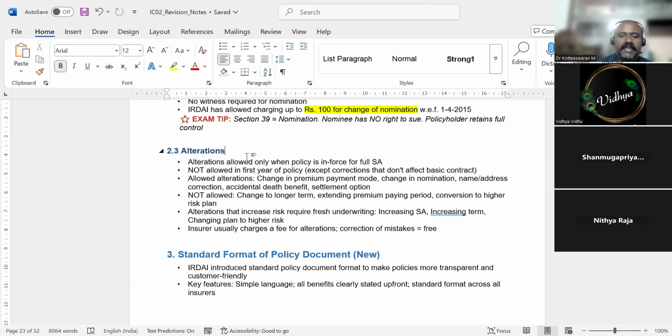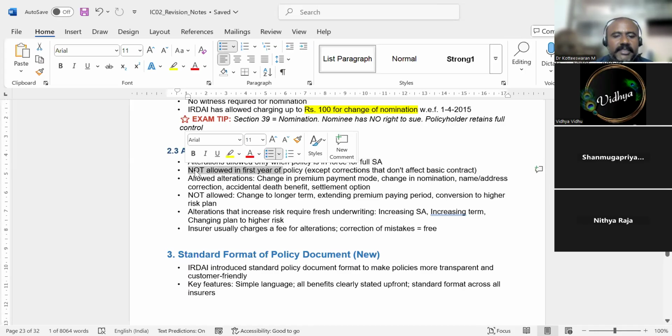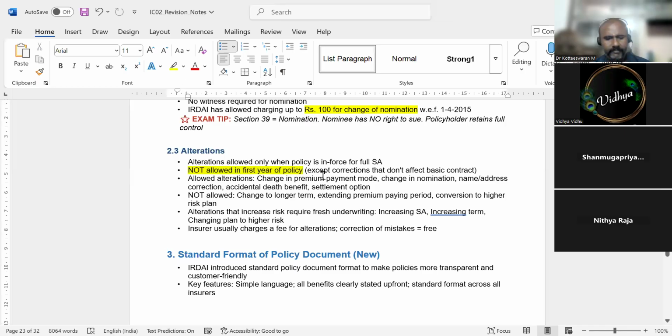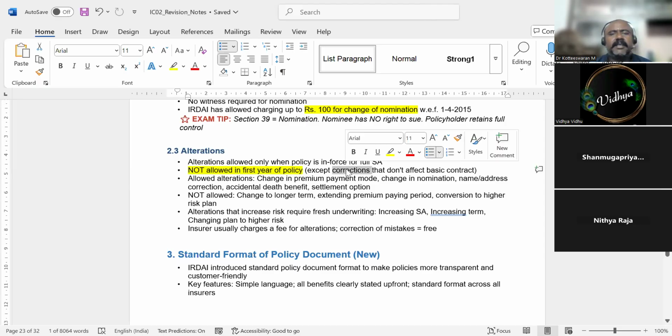We'll see which areas we can and cannot change. It is not allowed in the first year of the policy. Immediately after applying for insurance, you cannot change everything. Only for some corrections or mistakes you have made can you change it. Other things you cannot change.